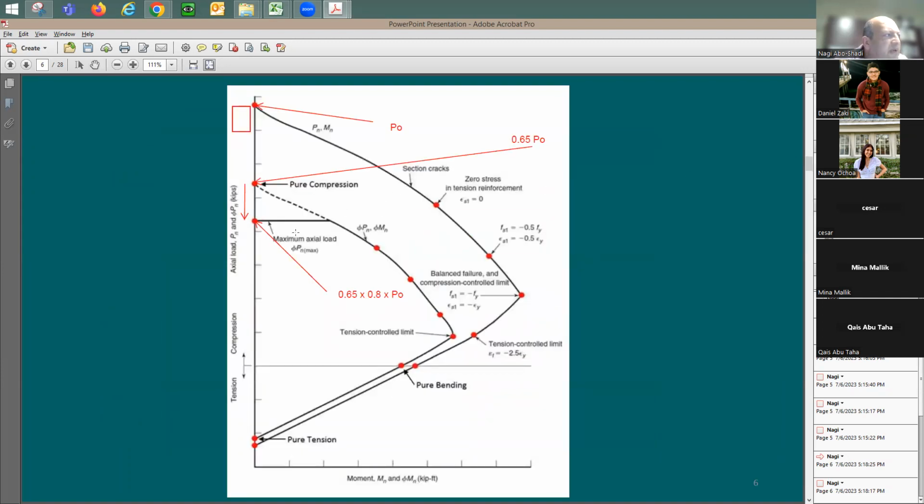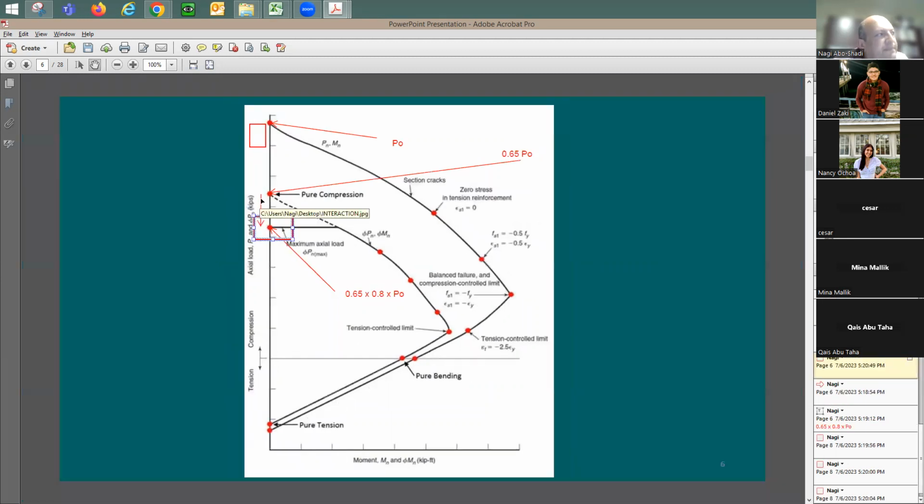So let me put it right there. Let me put a different color. Let's put it here in green. Let's give you the first point. Let me keep this. This is going to be slide number 6.